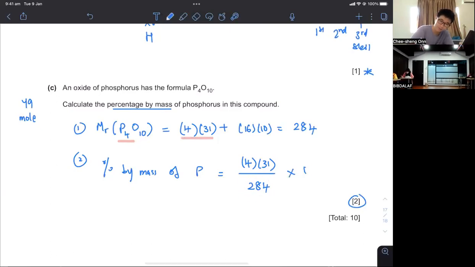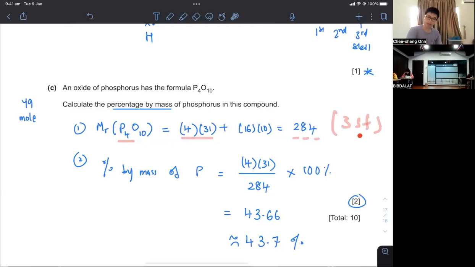And then I times by 100%. So 43.66, I will give that as 43.7%, as initially I have used 1, 2, and 3. So based on my data, I will write it up to 3 significant figures for my final 2 marks.